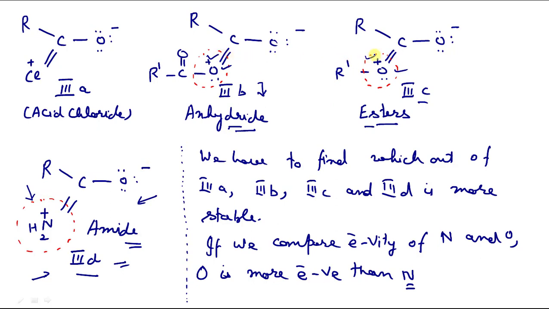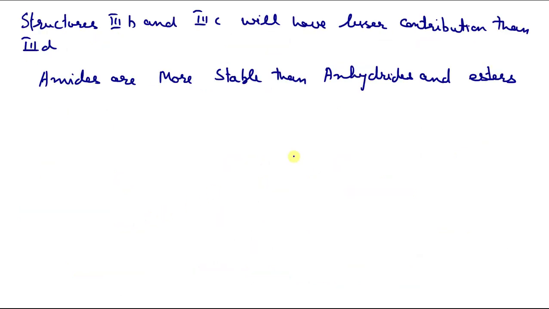As we know that oxygen is more electronegative, it will not prefer to have a positive charge, so it will lead to instability. So the resonating structures 3B and 3C in case of anhydride and ester are less stable than 3D in case of amide. So their contribution is less, and if their contribution towards resonance hybrid is less, definitely they are less stable. So amides are more stable than anhydrides and esters.